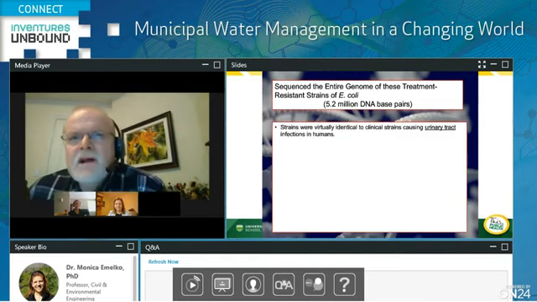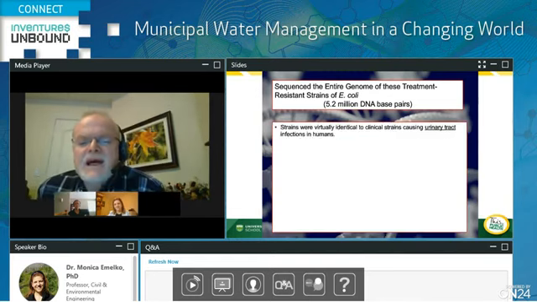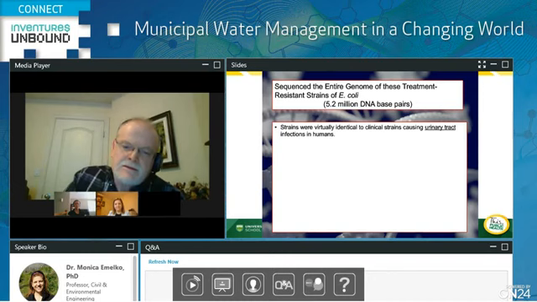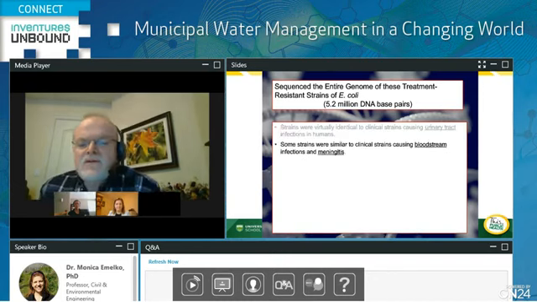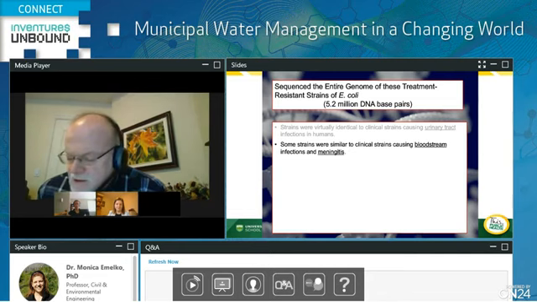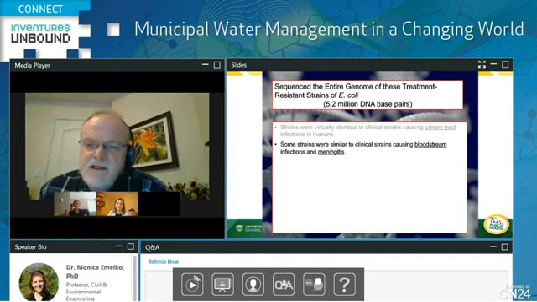So the strains that were coming out of a wastewater treatment plant were virtually identical to clinical strains causing urinary tract infections in humans. Some of these strains were similar to clinical strains causing bloodstream infections in humans, and some were even similar to those that we know cause meningitis. And how we identified some of those is that those that cause meningitis carry a specific set of genes that allow them to cross the blood-brain barrier.